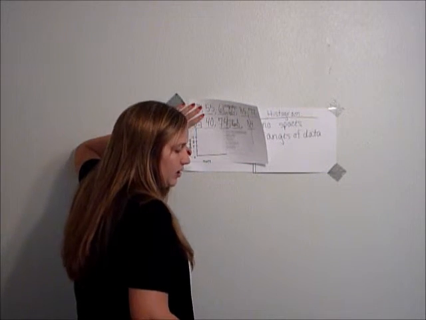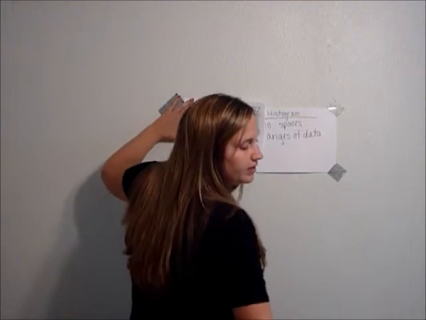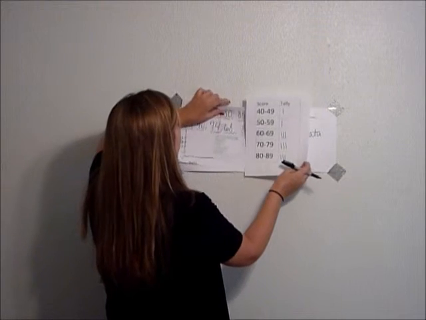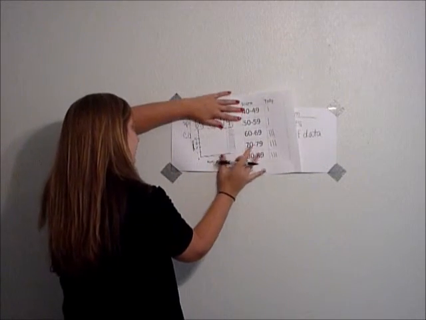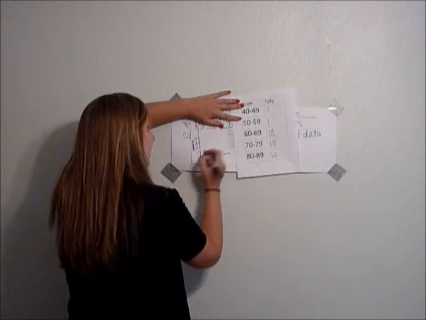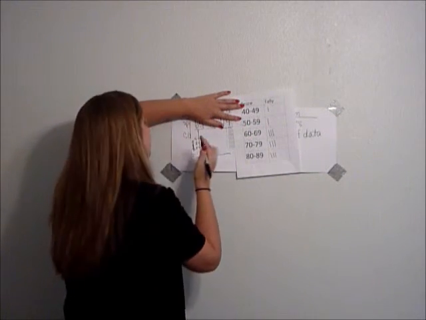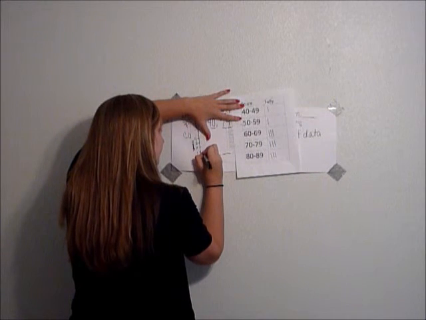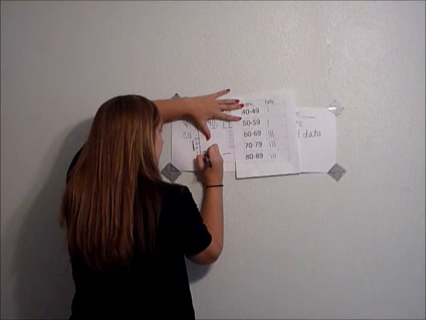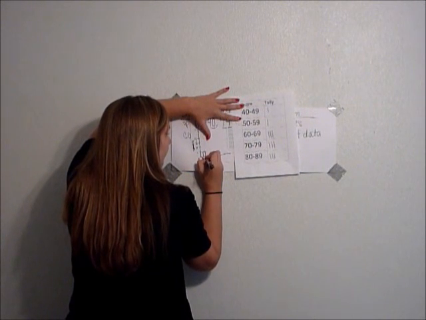So the first bar on our graph will be the 40 to 49 range. So we're going to draw our first bar. And 40 to 49, how far do I need to go up? Yes, you need to go up to 1. So I will draw my first bar up to 1, and I will label it 40 to 49.